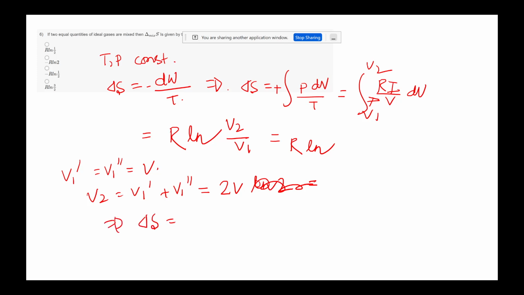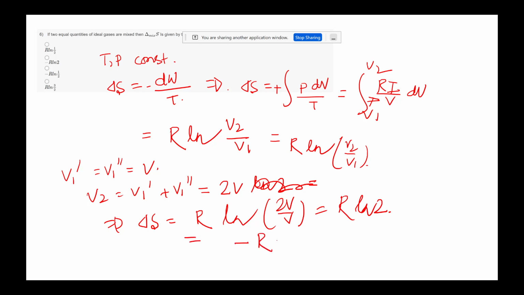So delta S will be R ln V2 by V1, that is R ln of 2V by V, so R ln 2. This can also be written as R ln of 2 to the power minus 1, with the minus 1 coming outside, and 2 to the power minus 1 is half. So this is the expression, and the right option will be this one. Okay?